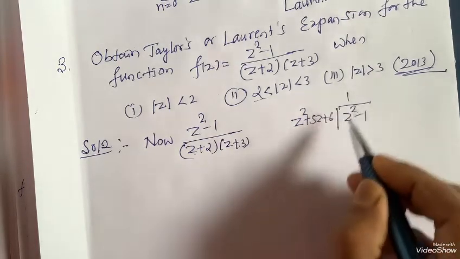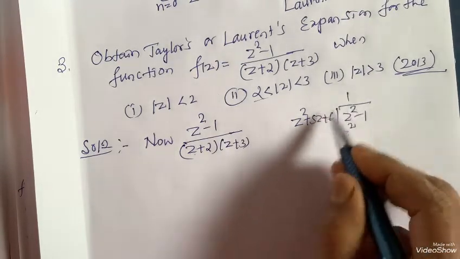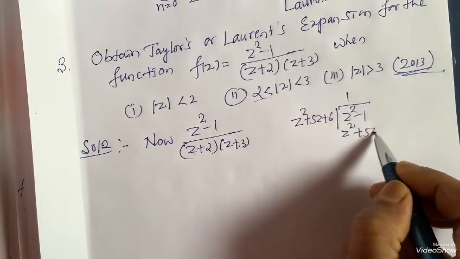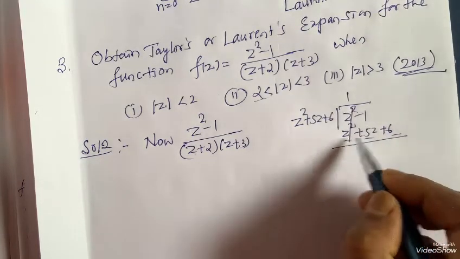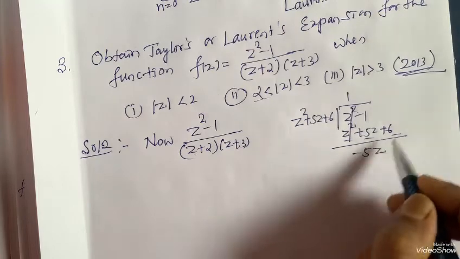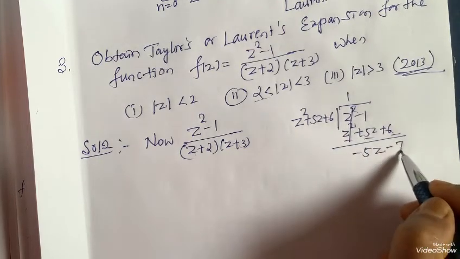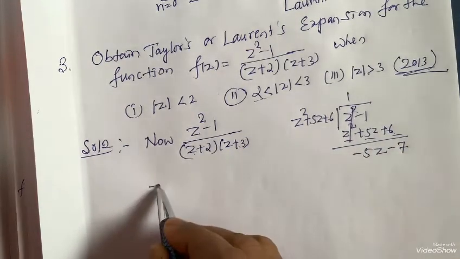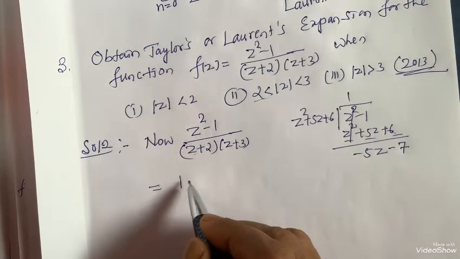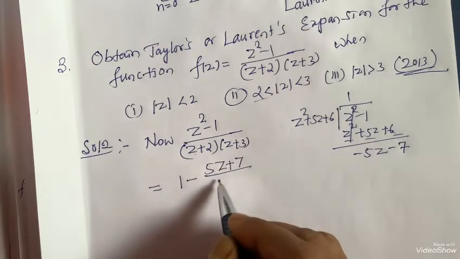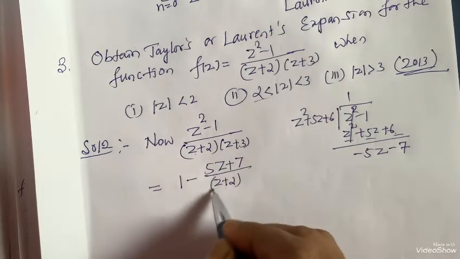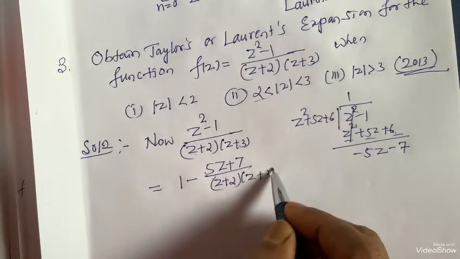So z square into 1 is z square, 1 into 5z, 1 into 6 is 6. So you can subtract: minus 5z minus 6 minus 1, minus 7. Therefore this is equal to 1 minus 5z plus 7 divided by z plus 2 z plus 3.